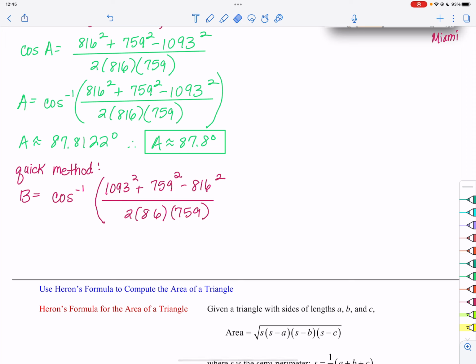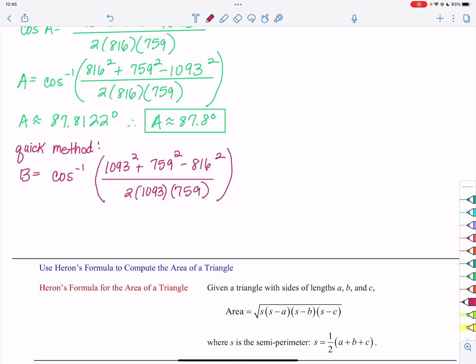This should be 1093. There we go. And so now if you put that in your calculator, you will come up with B equal to 48.2472. So B is approximately 48.2 degrees.